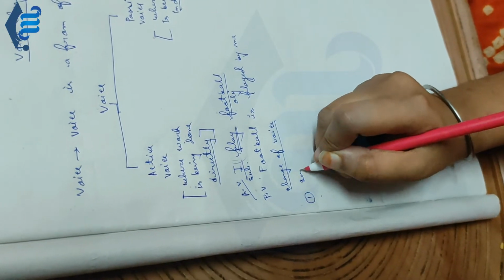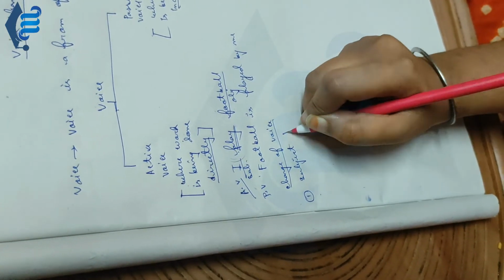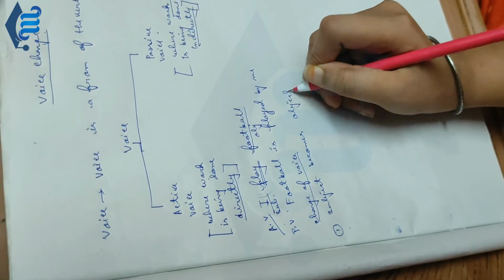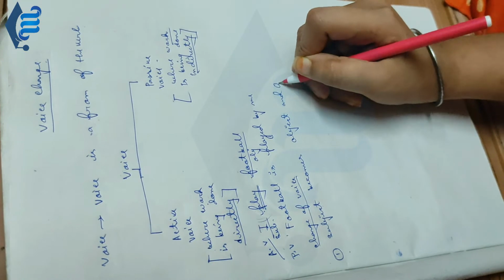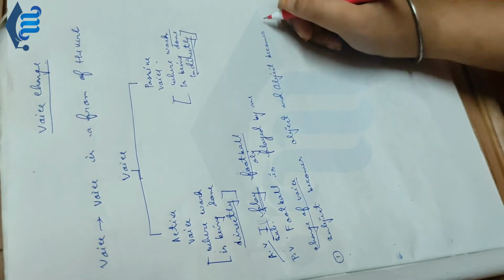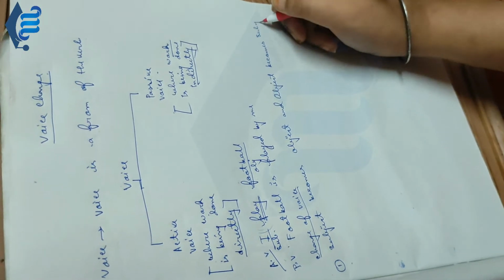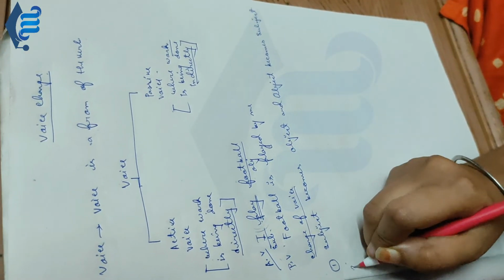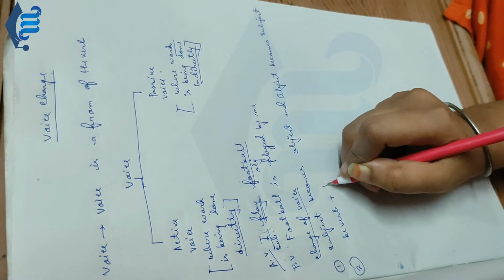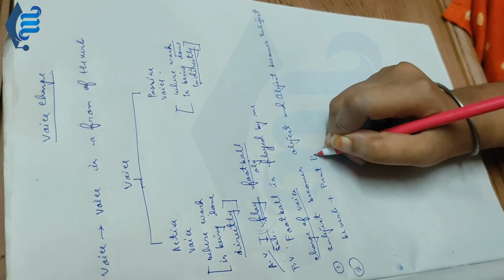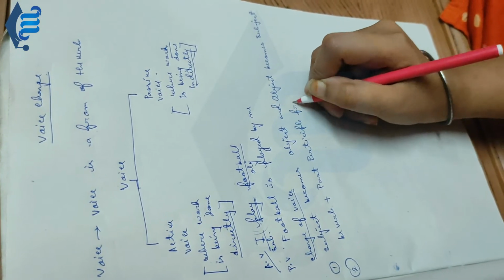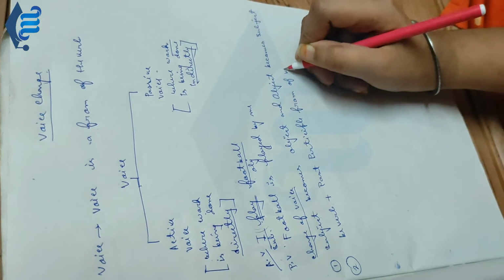One is subject becomes object and object becomes subject, and two is be verb plus past participle form of verb.